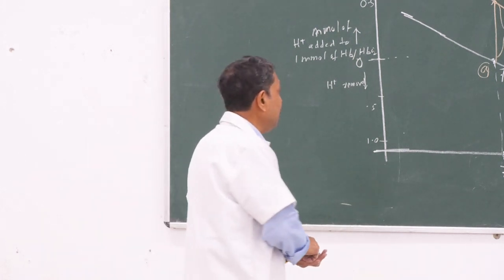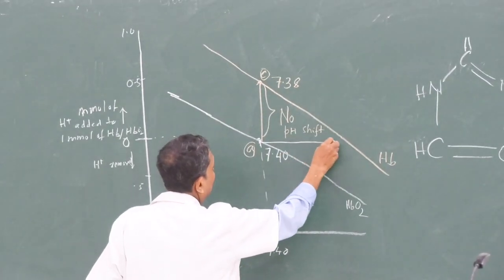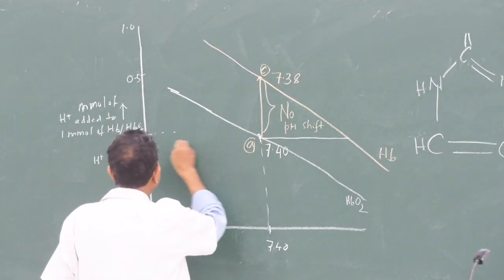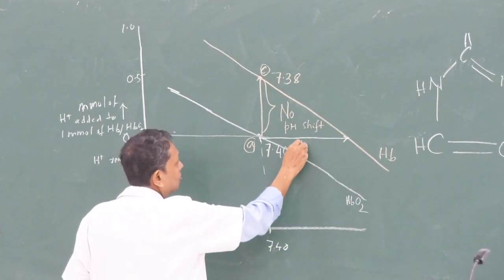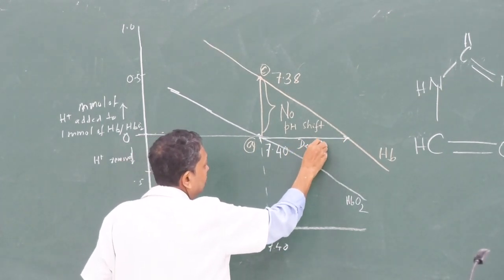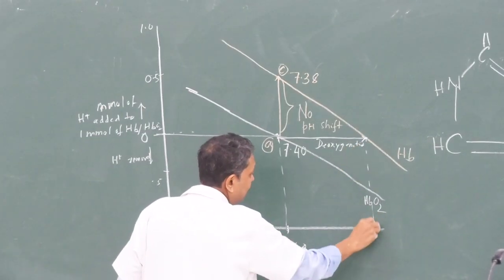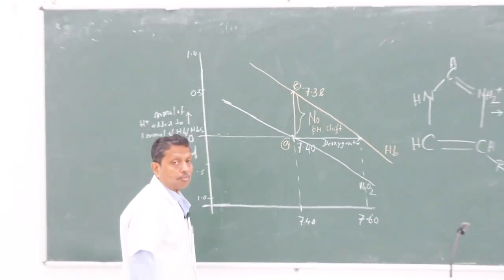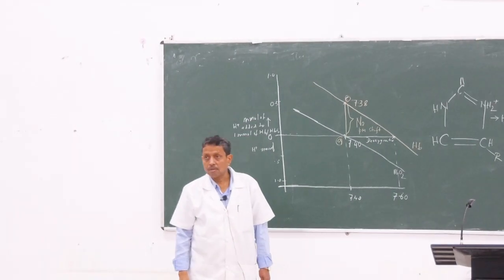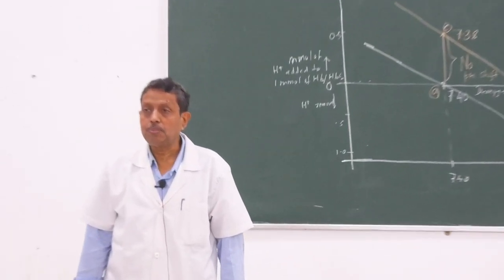Now, if there is deoxygenation, it is the 0 value. In that case, suppose it is 7.60 or so. Then there will be a pH shift.